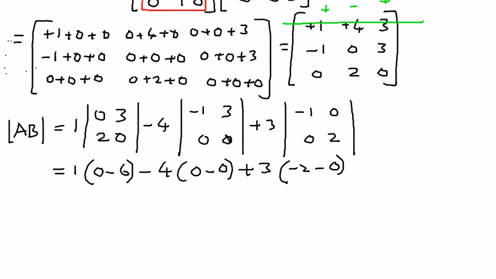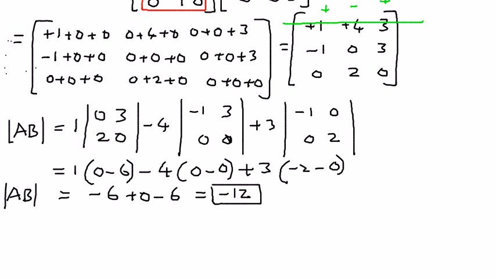And therefore, what we have here is 1 times negative 6 is negative 6, 4 times 0 is 0, and then 3 times negative 2 is negative 6. Therefore, when we simplify this, this comes out as negative 12. We'll keep that value, and that is the determinant of AB, like that.